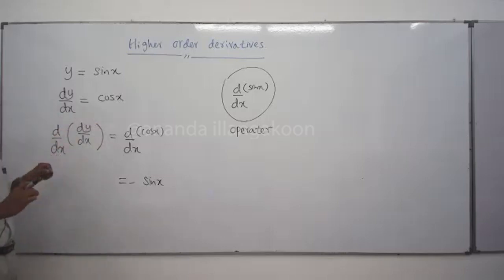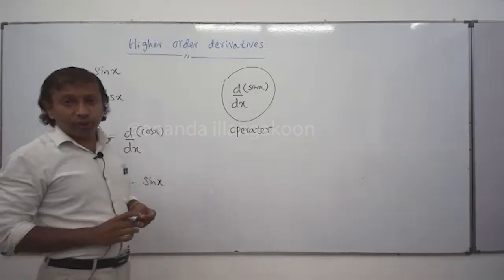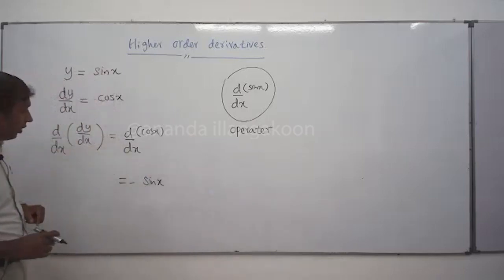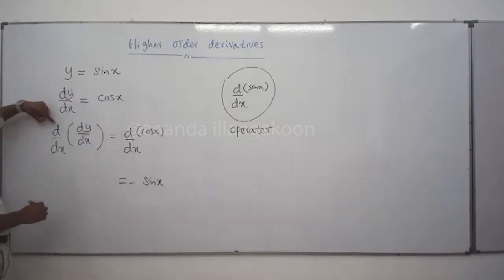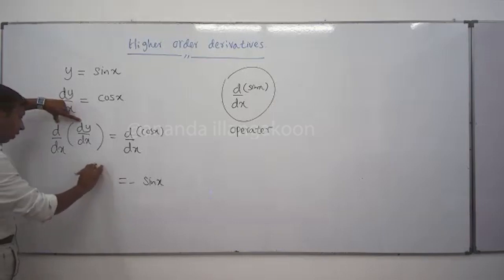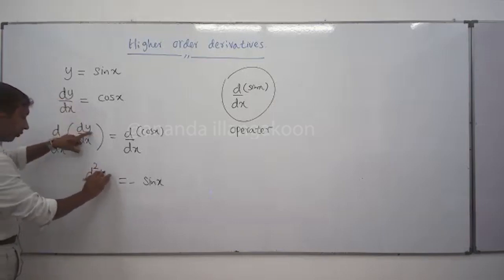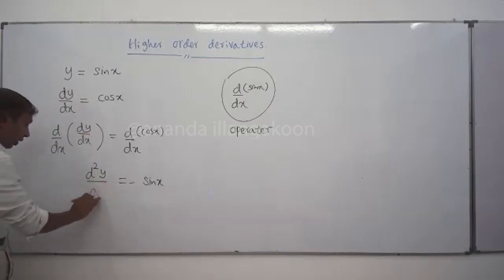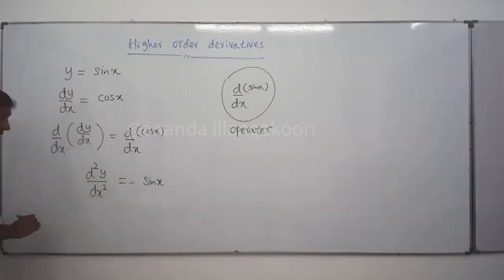Then we get the second derivative, the second derivative of y. It is written like this: this d and this d, we write as d squared y divided by dx squared. This is how we write the second derivative of y with respect to x.